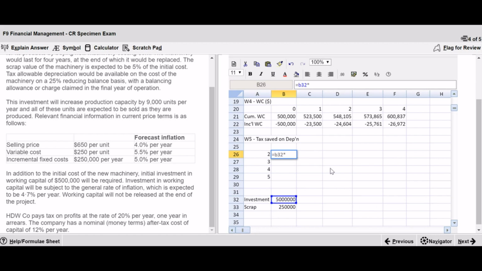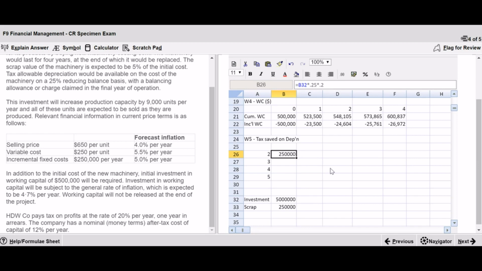I need to think about the depreciation, which was 25% reducing balance. So take the 25% depreciation and then into the tax rate, which in this question is 20%. And this gives me the tax saving on depreciation in year 2.